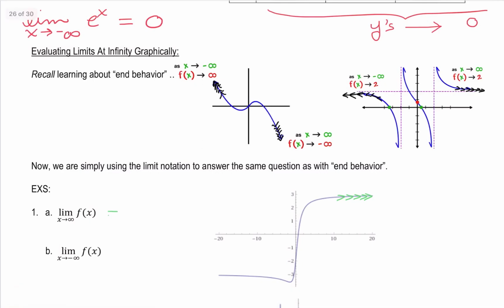I would say it looks like this is leveling out, approaching 3. As I travel further and further off to the left, as the x's go to negative infinity, again it looks like these are leveling off at potentially a horizontal asymptote at -3, even though I didn't actually draw that asymptote in.